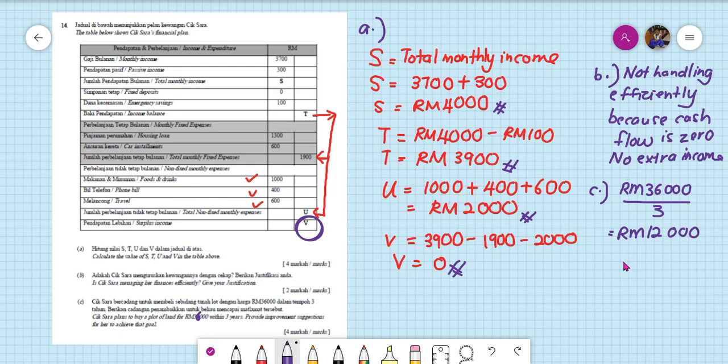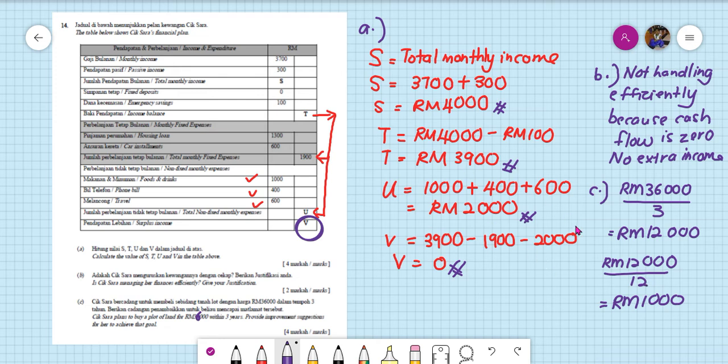Let's look at the monthly savings she has to make in order to achieve this goal. 12,000 divided by 12 months, so she has to save at least about 1,000 ringgit a month. How can she improve her financial planning so that she can achieve the goal?